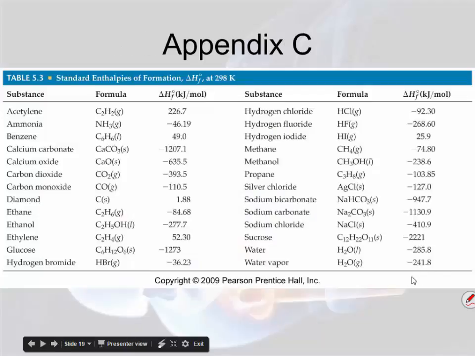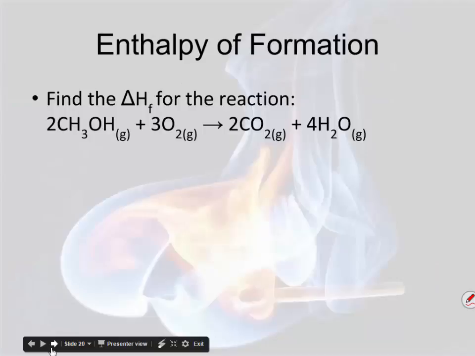All of these values are in Appendix C in your book. If you were doing this on a test, again, they would give you a table of values to use. So let's find the delta H for this reaction. We have CO2 and H2O as our products, and we're going to subtract them from our reactants.